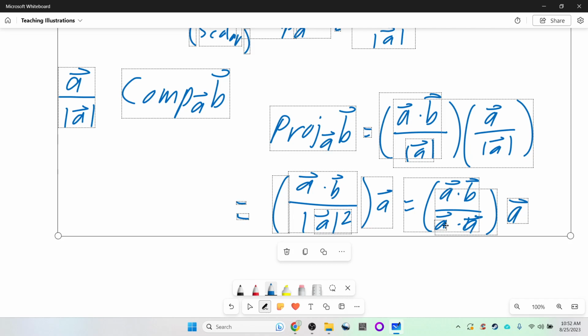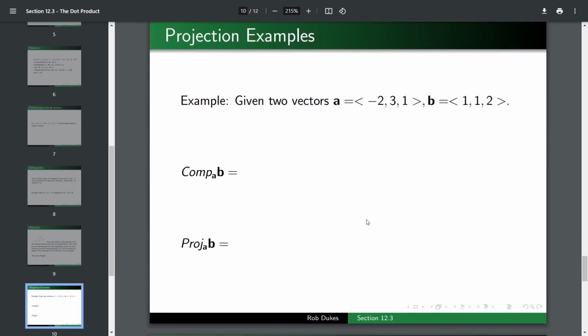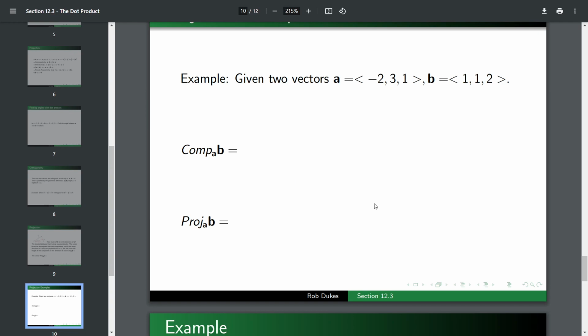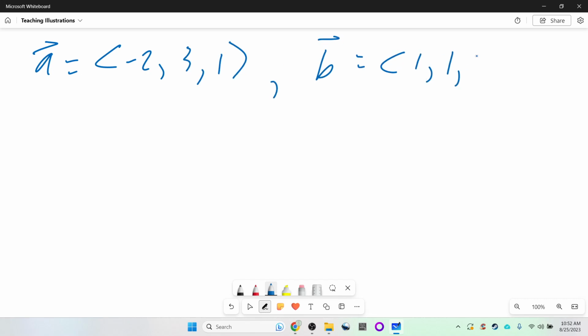So let's do an example. All right, here are two vectors. A is negative 2, 3, 1. B is 1, 1, 2. All right, so let's find the component first.